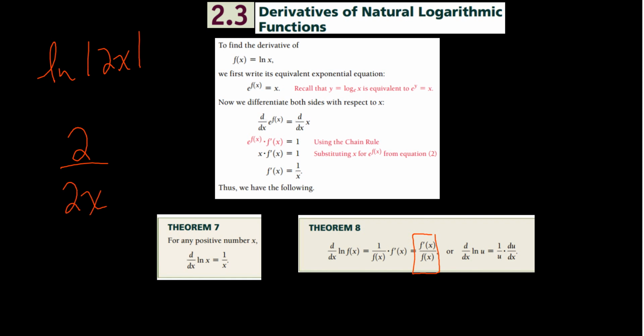And again, theorem 8, for some reason, is coming after example 1. It can be solved with just theorem 7, but I feel like having theorem 8 really helps. But the derivative of the natural log of the absolute value of 2x is going to be 2 over 2x. So that's what we're going to put.